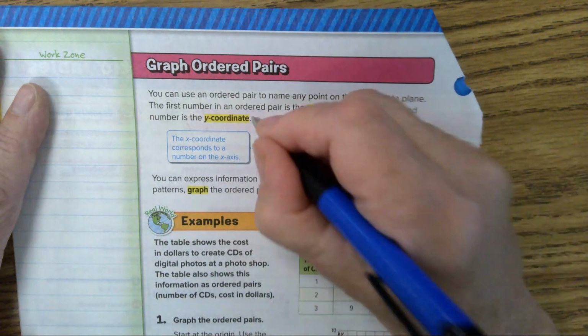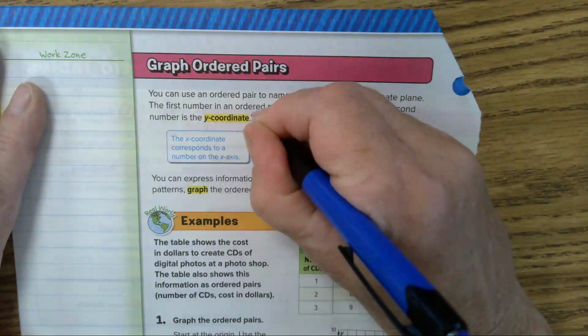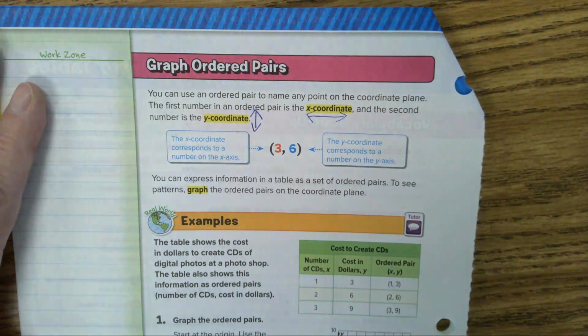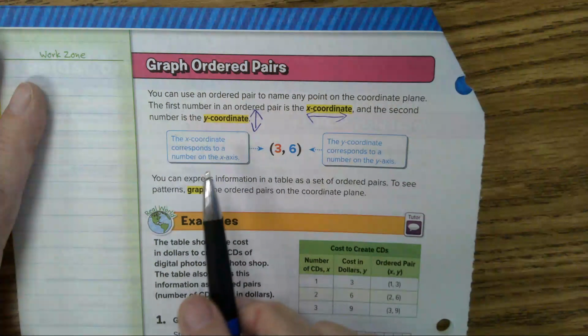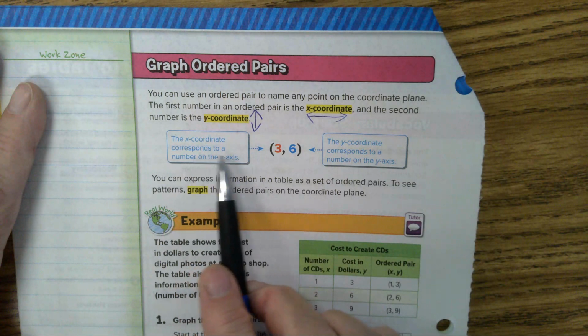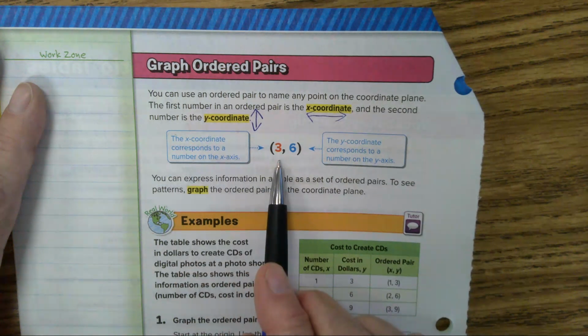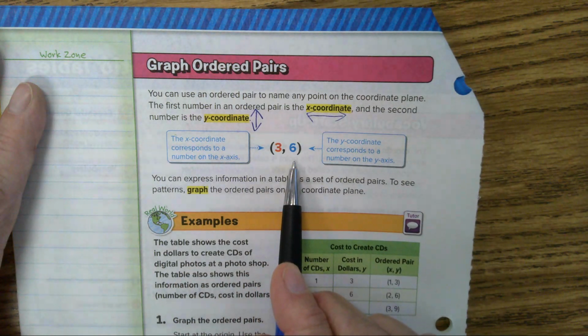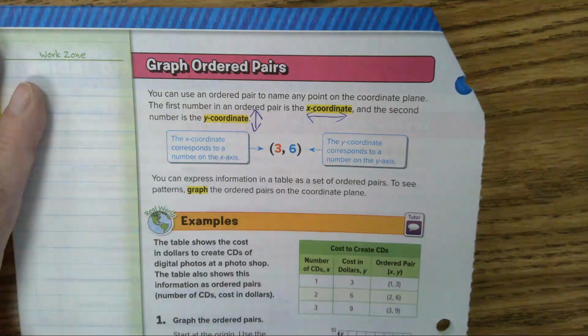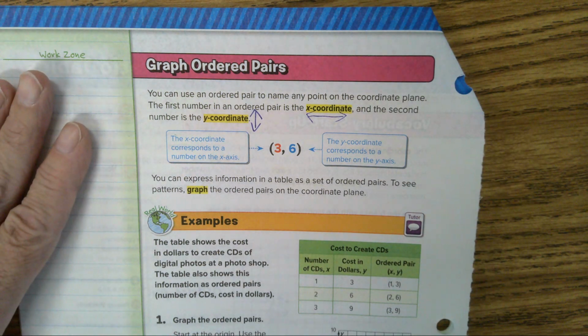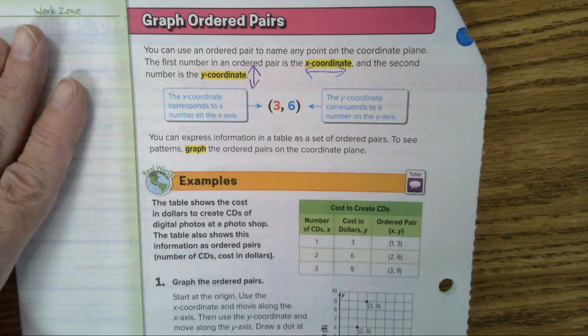And the second is the y-coordinate. Put a vertical line so you know it goes up and down. The x-coordinate corresponds to the number on the x-axis and the y to the y-axis. You can express information in a table as a set of ordered pairs. To see patterns, graph the ordered pairs on the coordinate plane.